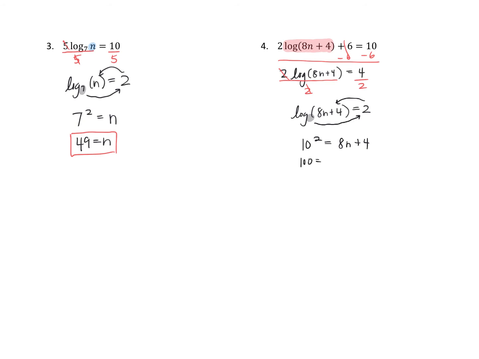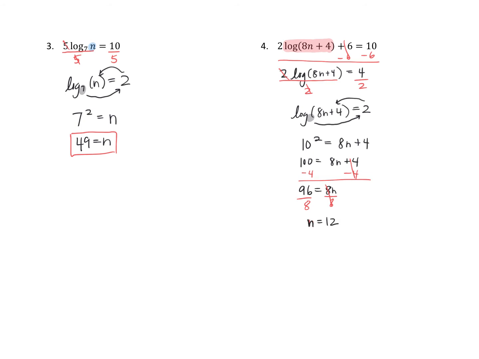So I will have 100 equals 8n plus 4, minus 4 from both sides. So I get 96 is equal to 8n. Divide by 8. You get n is equal to 12.